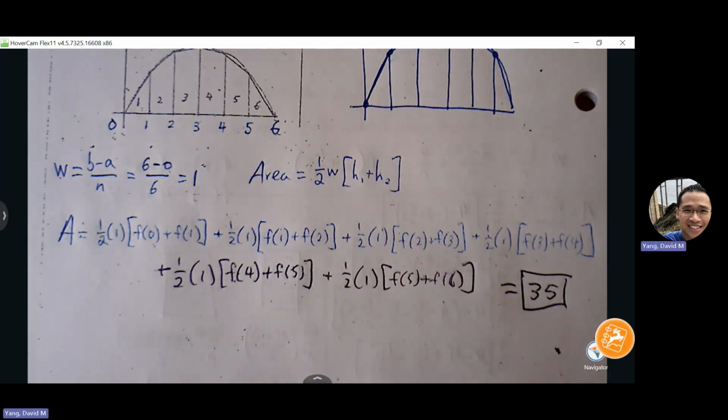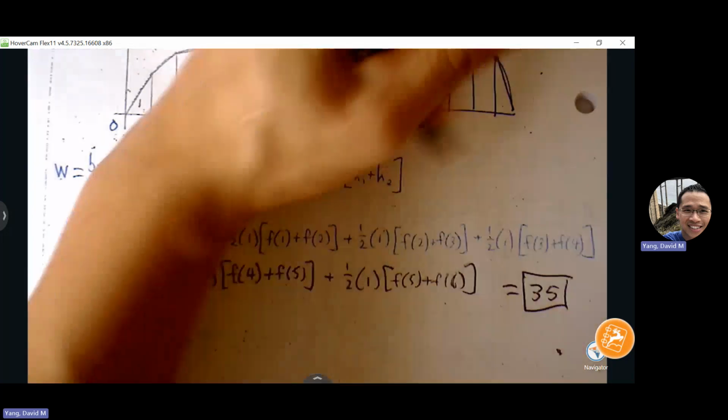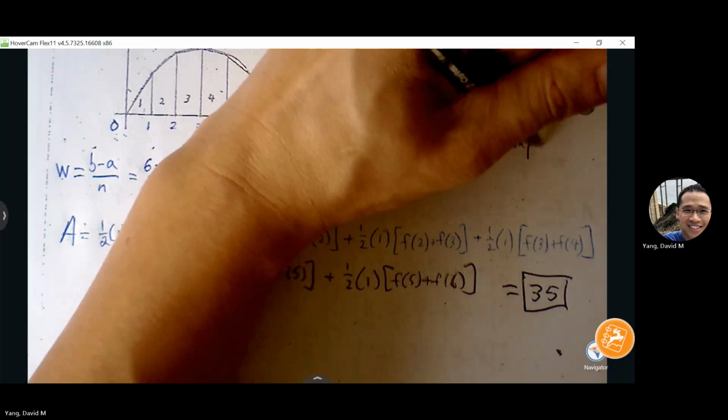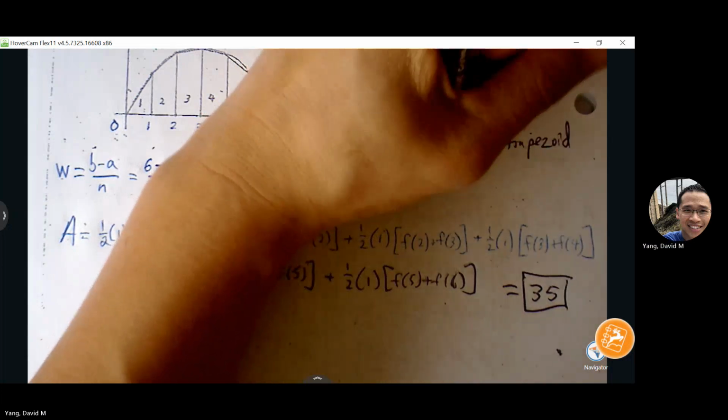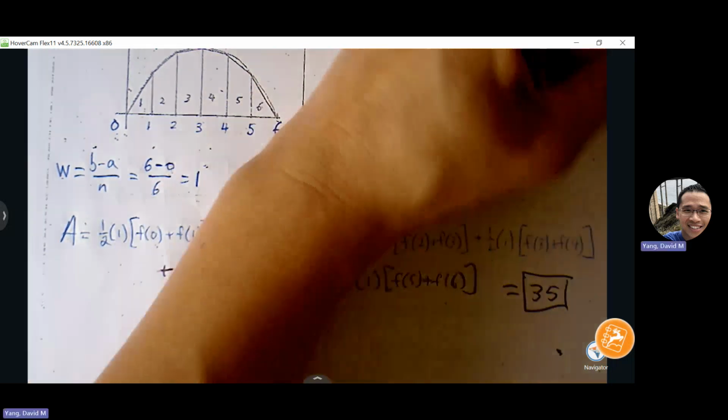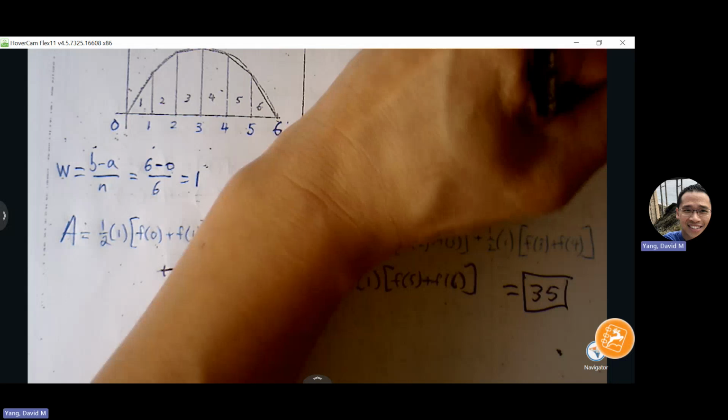Another issue that I think students are potentially going to have later on when we talk about tables of values is that every trapezoid only has 2 heights.